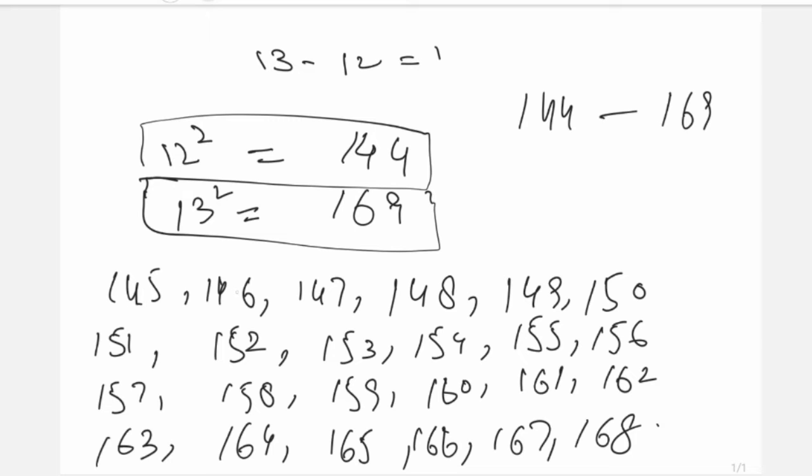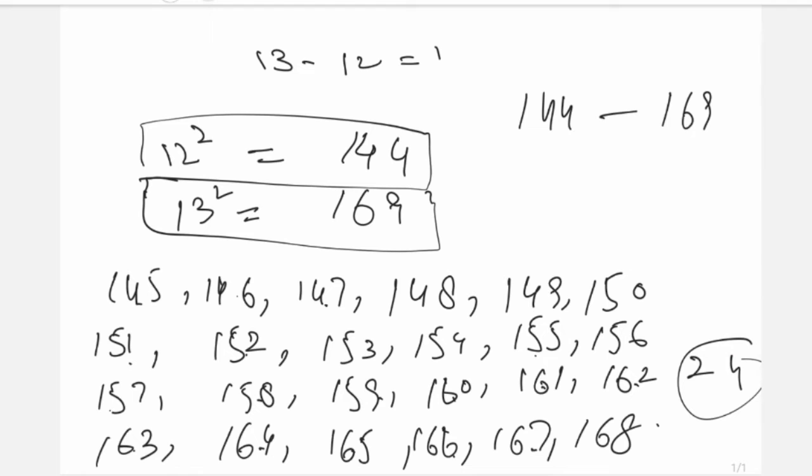So how many is it? 1, 2, 3, and so on up to 24. So it is 24 numbers.